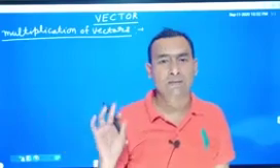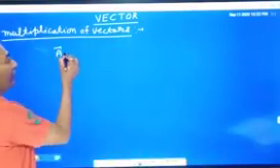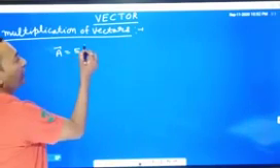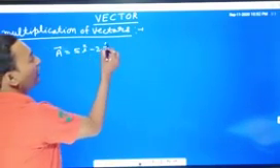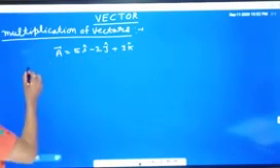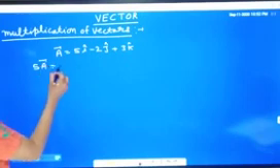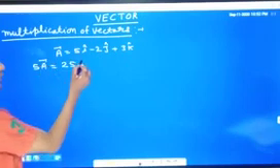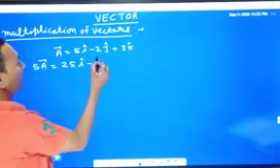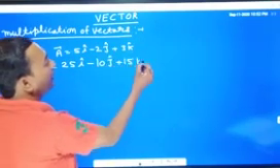If we multiply any vector with any number, then there is normal multiplication. Like that, if there is a vector a vector that is 5i cap minus 2j cap plus 3k cap, and this vector is multiplied with any number 5, then 5a vector is 25i cap minus 10j cap plus 15k cap.